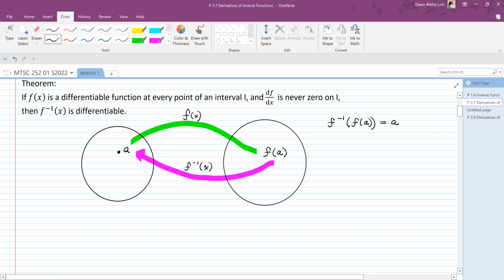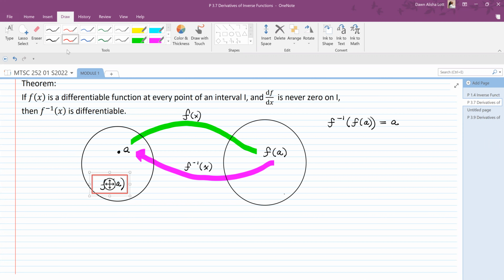But what happens to the derivative? Well, I want to find the derivative over here. So now let's talk about f prime of A over here. So f prime of A is some value over here. The question is, I know the derivative of f at A, but what is the derivative of f inverse at f of A?